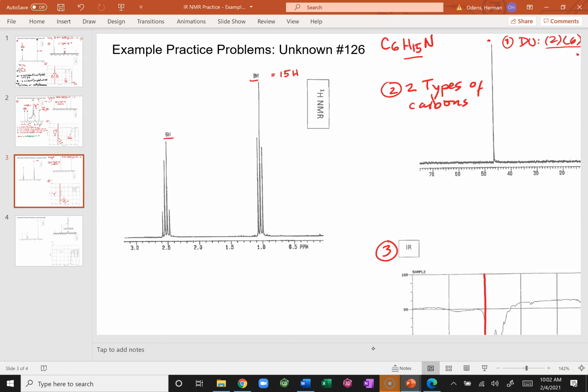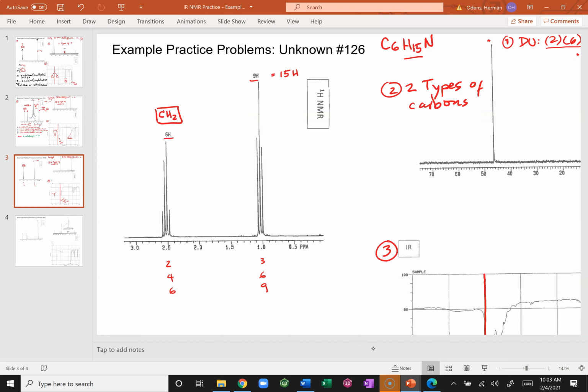All right. So I have a quartet. Now the question is, what kind of group is this? If I said it was 2 to 3 to start, and then 4 to 6 and 6 to 9, what group is this of interest? It will be a CH2 that is repeating 3 times.